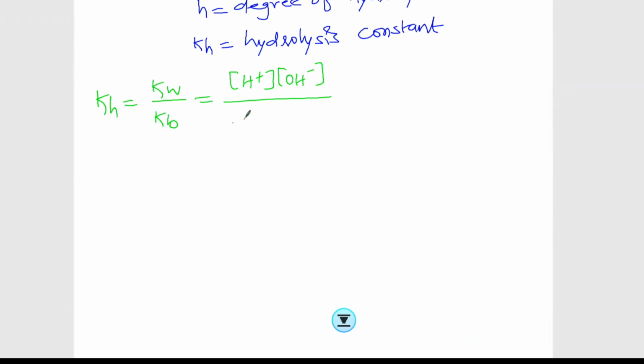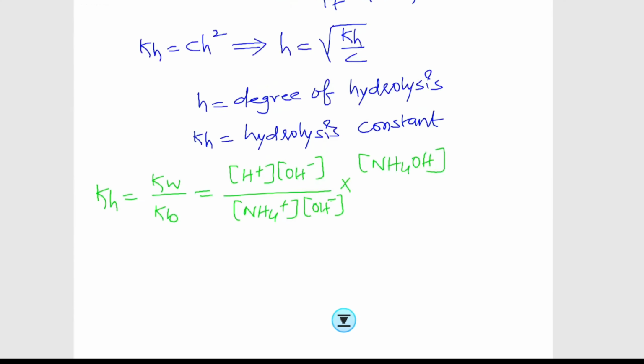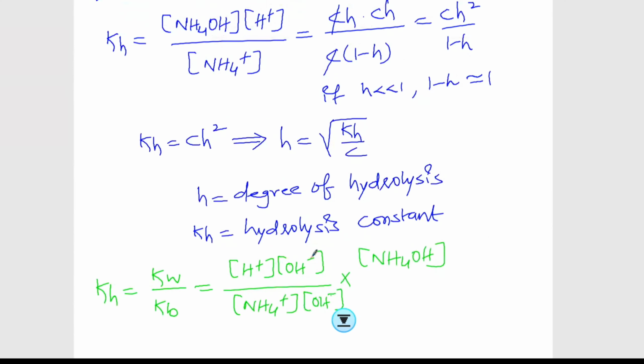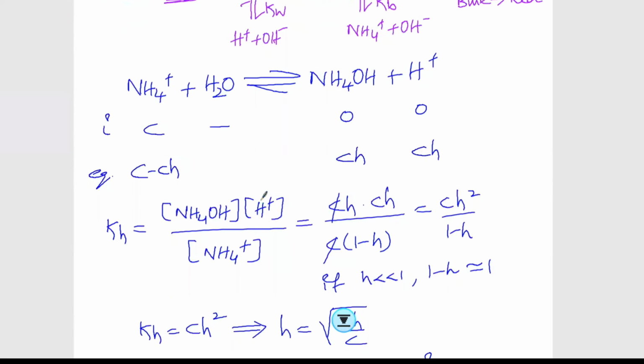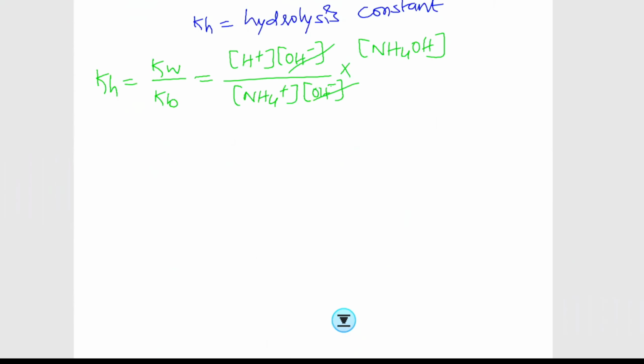Ammonium hydroxide dissociates as NH4 plus and OH minus, and the denominator is NH4OH. These are all aqueous forms. OH minus gets cancelled and what remains is NH4OH into H plus by NH4 plus. So this is correct: Kh equals Kw by Kb.